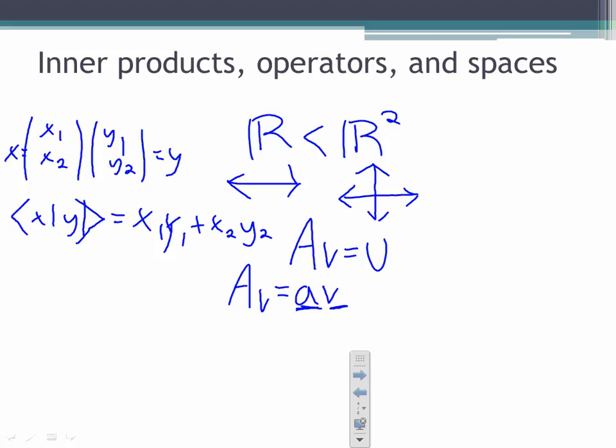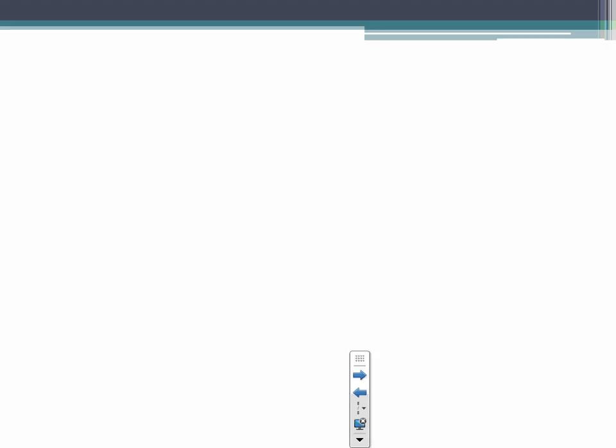A projection operator is just an operator which projects a vector onto a subspace. So I'll draw a little graph here, and let's take a subspace such as this one right over here.